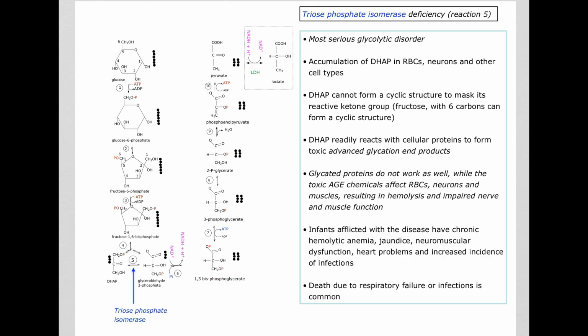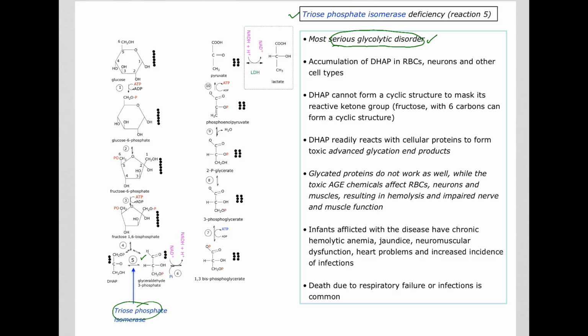The second example shown here is triose phosphate isomerase deficiency. Now, triose phosphate isomerase catalyzes reaction number 5. This disease is the most serious glycolytic disorder.